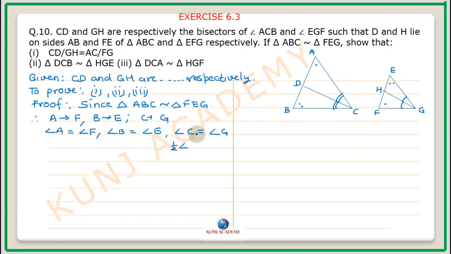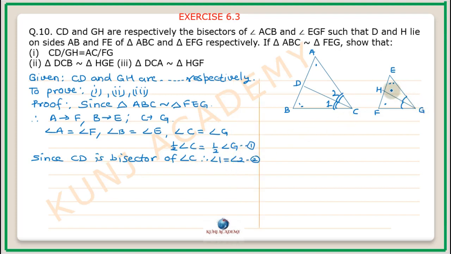Dividing by 2, half angle C is equal to half angle G. Since CD is bisector of angle C, these two angles are equal: angle 1 is equal to angle 2.